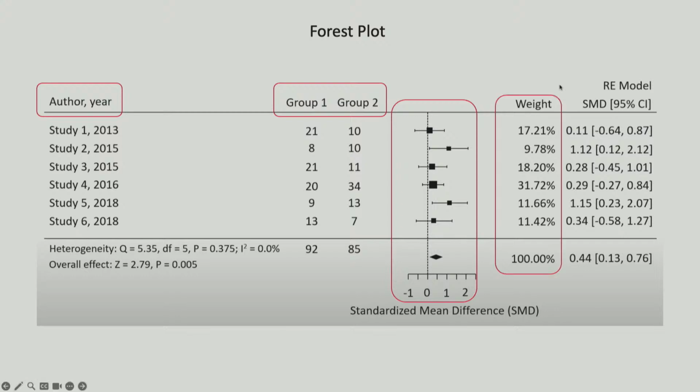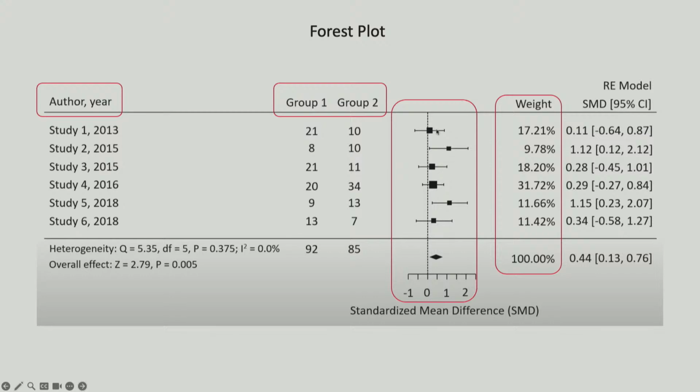The next column is the weight. What does the weight mean? It means the weight of the study. Now if you see, some studies have small weight, some studies have a large weight. For example, the lowest is 9.78 and the highest is 31.72. Grossly speaking, this also means how much impact or effect of that study has been given in this forest plot.